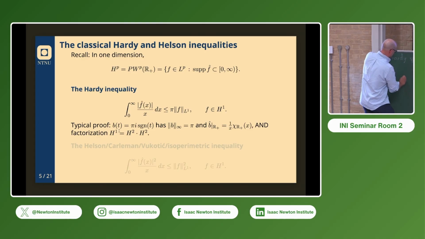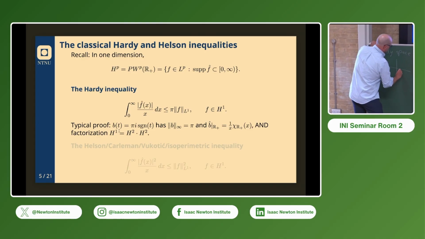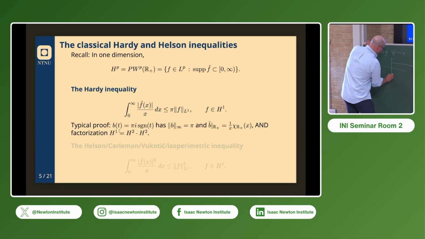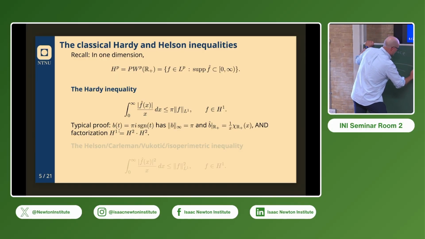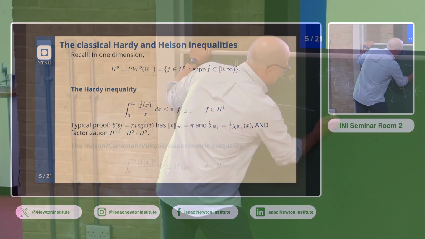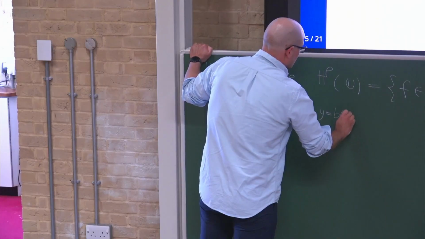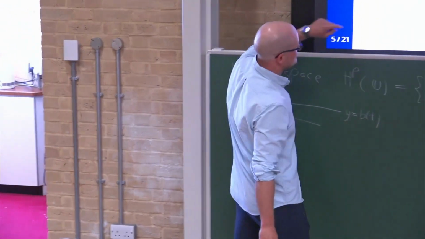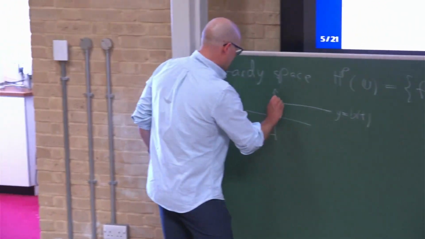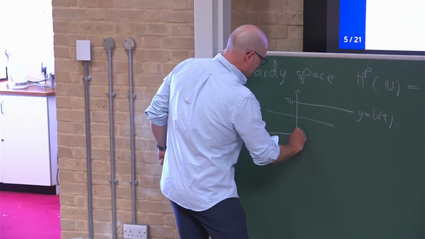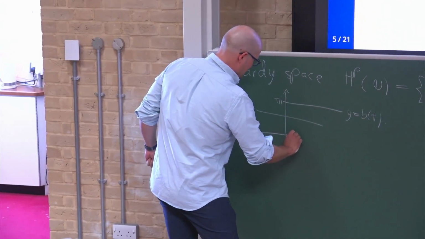We have this function b of t, which has a jump. I drew the Heaviside function, I guess. It has a jump, so it's like pi i. I don't know exactly how to make this image make sense, but you understand what I mean.